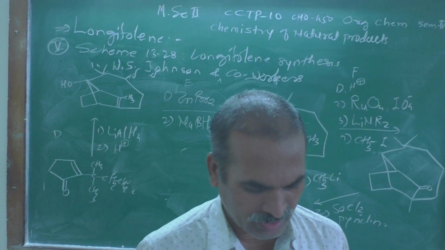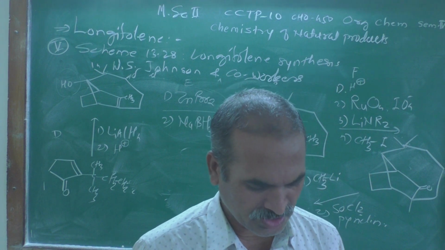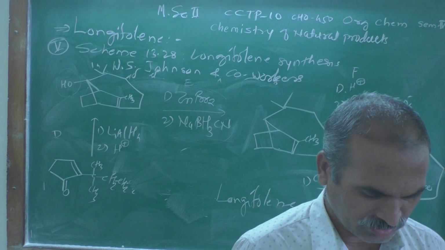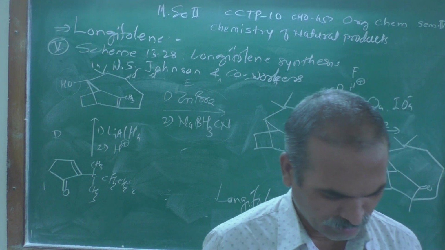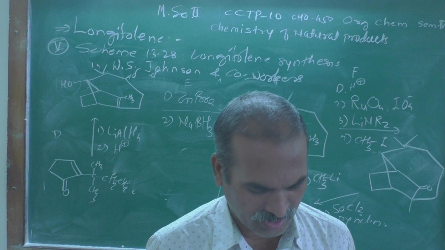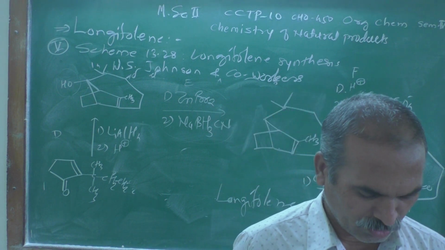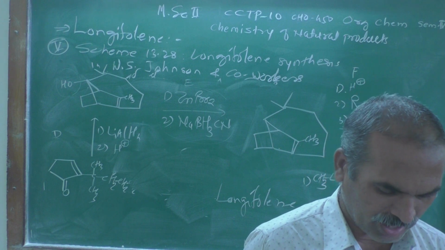The endocyclic double bond, which is strained because of its bridgehead location, was isomerized to the exocyclic position and then cleaved with ruthenium oxide and IO4 minus.